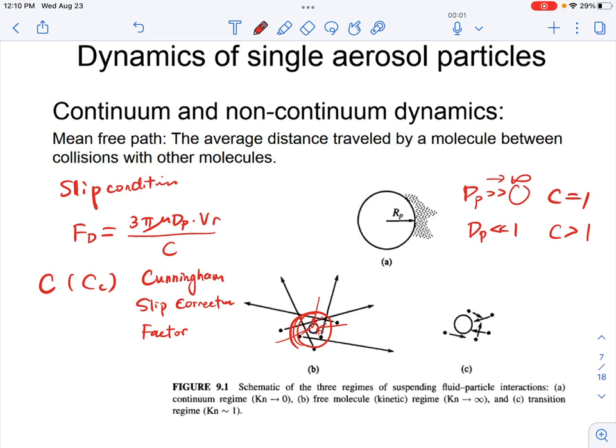Okay, so it turns out that there is a better parameter that the particle size can be compared against. That is the mean free path of the gas molecules, because eventually it involves the collision of the gas molecules. The mean free path is the average distance traveled by a molecule between collisions with other molecules.